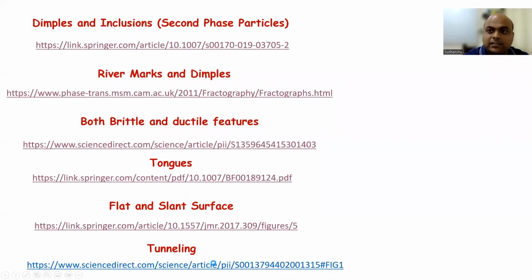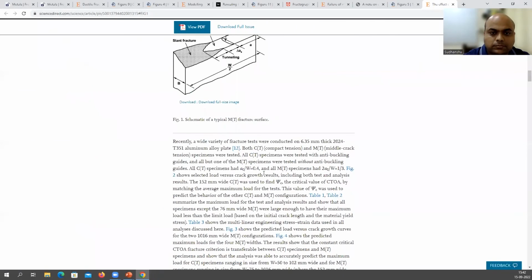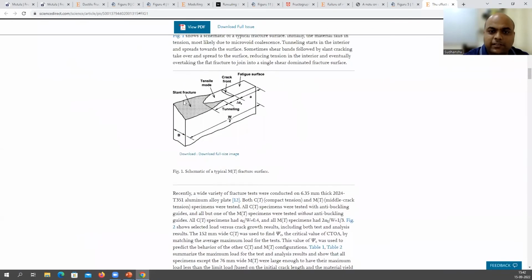Now tunneling effect. Okay, so this is the schematic. I also drew it in 3D if you remember. So this is your fatigue crack. Now the crack front profile, you can see it is like a C type. Okay, and it is growing, and it is growing higher at the center. Okay, why? Because of the triaxiality effect.